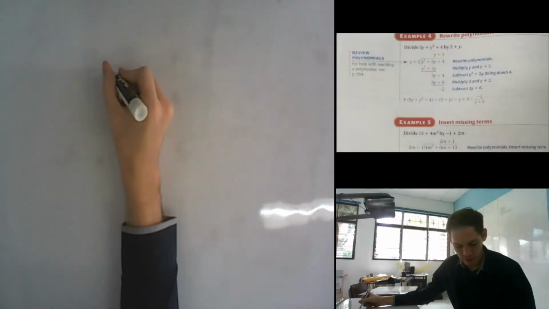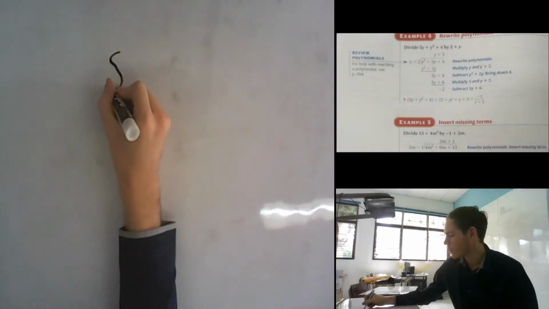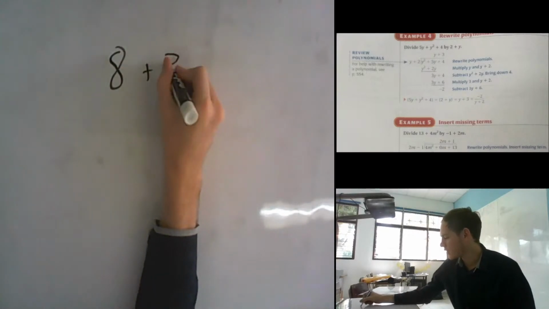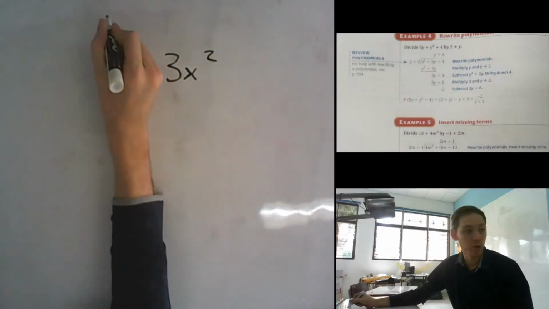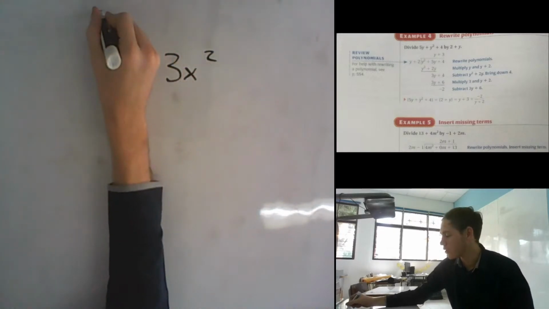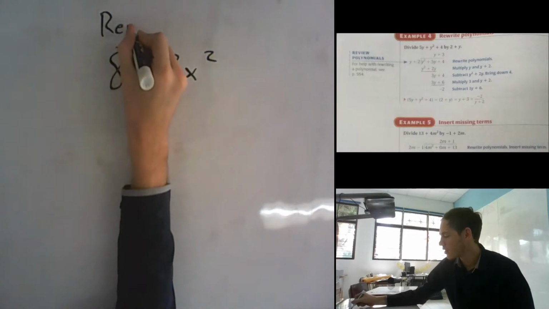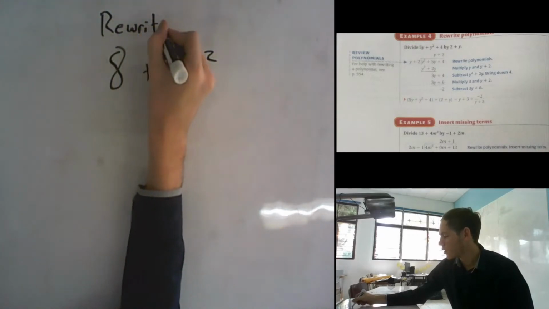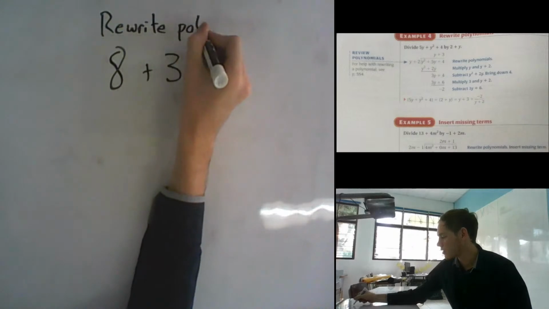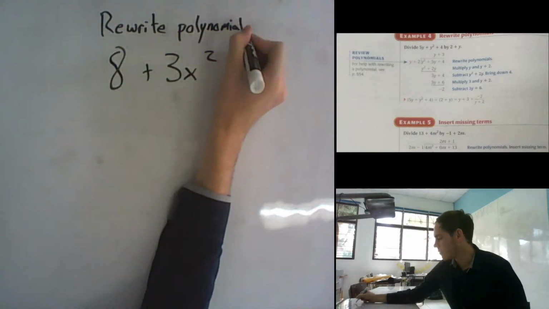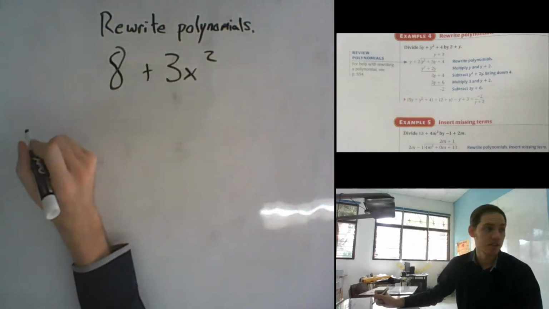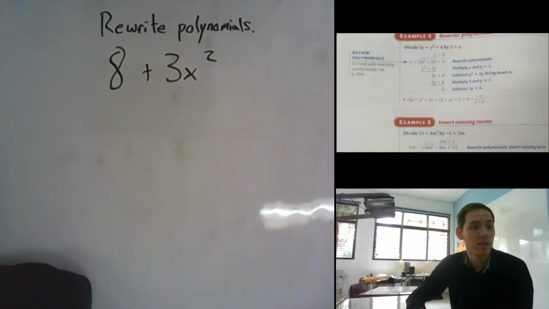Okay, so if we have a polynomial, 8 plus 3x squared. Now for this part of the lesson, we're going to rewrite polynomials and then divide.